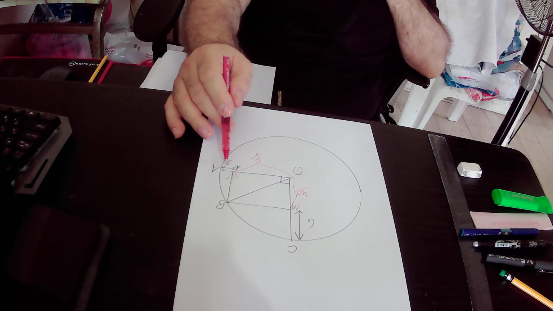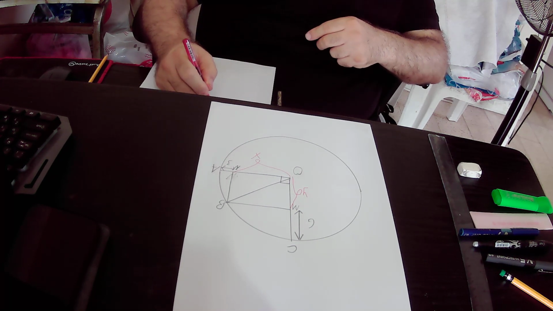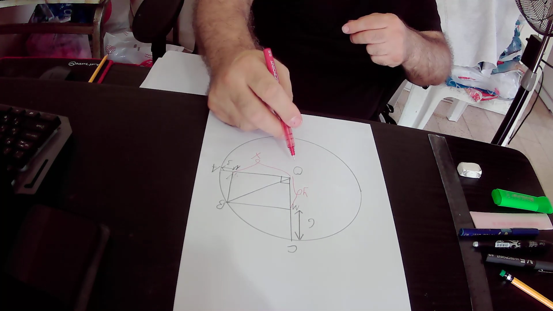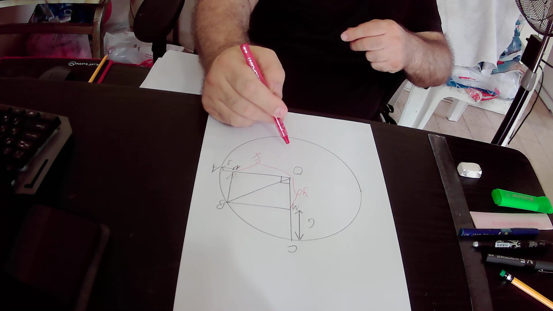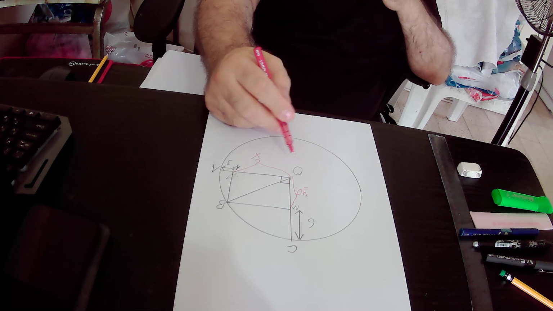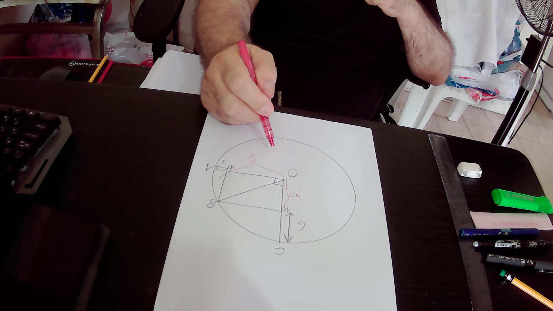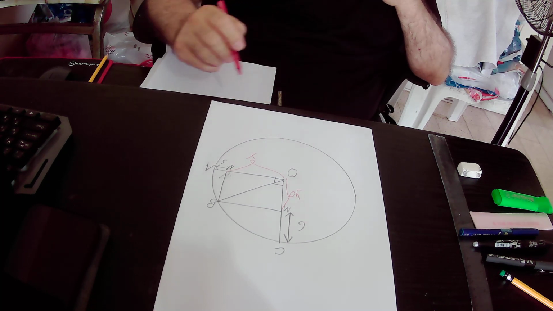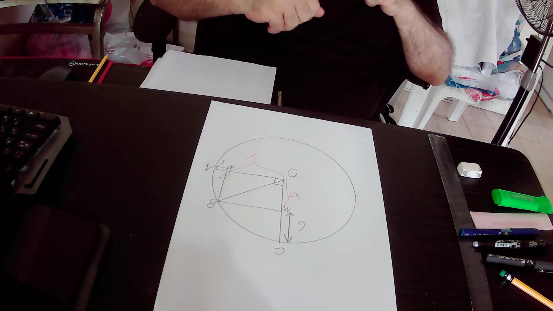Any line segment that starts from the center of the circle and ends at any point on the circle is defined as the radius of a circle, and those two line segments OC and OA satisfy the definition of a radius. Okay, so OC and OA are the radiuses of this circle.